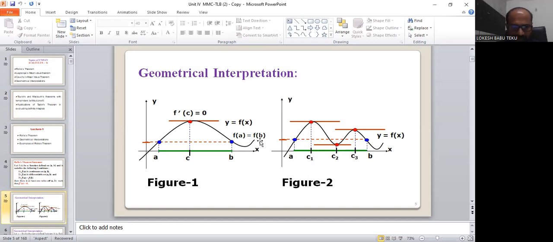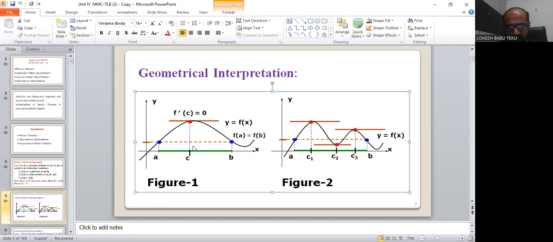This curve lies between the points A and B. According to Rolle's theorem, f is continuous at each and every point between A and B. So the first point is f is continuous on the closed interval [a, b]. The second point is this function f is differentiable on the open interval (a, b). And the third condition is f of a equals f of b.